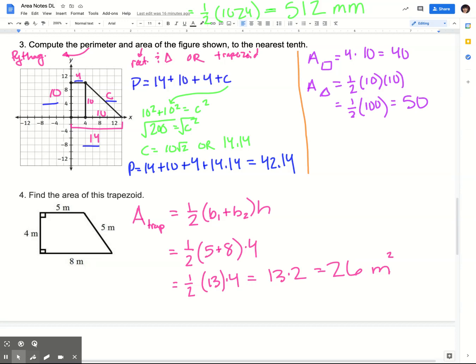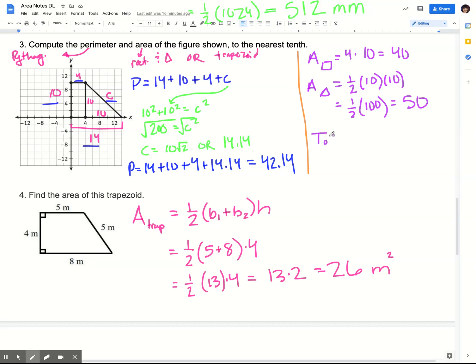And then I obviously didn't do the last part, which I'm going to do live for you here in a second, and add them together. I did it that way for this one, just because I do have a trapezoid example for you on the next one. So the area of the rectangle is just 10 times 4, which is 40. The area of the triangle is 1/2 of the base, which is 10, times the height, which is also 10. So half of 100, which is 50.